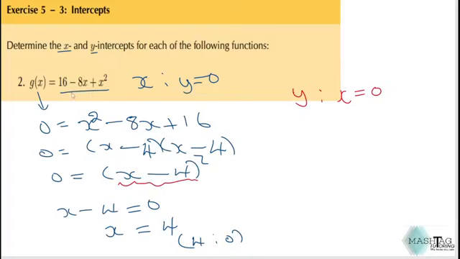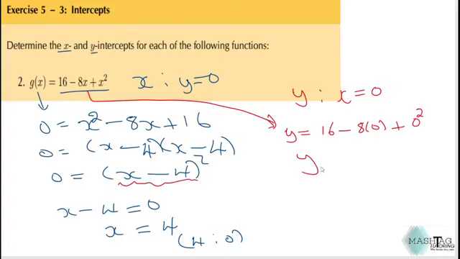Okay, just a little technical issue. So we fetch this and therefore we will have y equals 16 minus 8 times 0 plus 0 squared. Obviously all this is 0, therefore your y-intercept is 16. If you want to put it in coordinate form, your x is 0 and your y is 16.